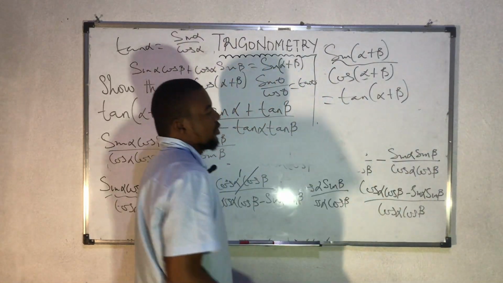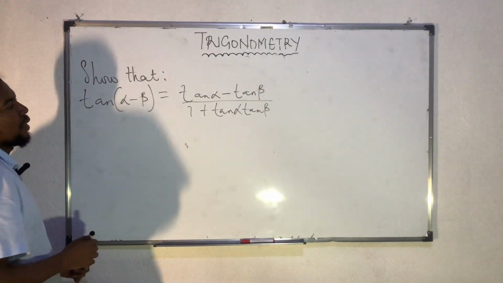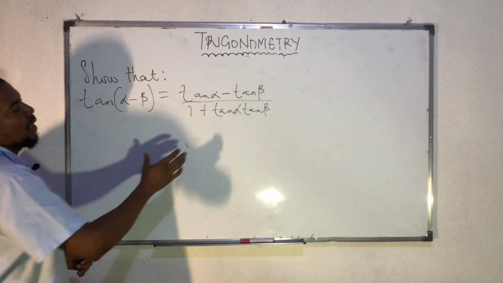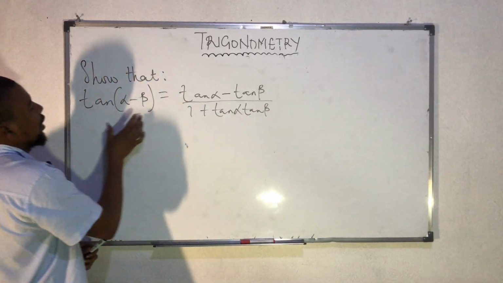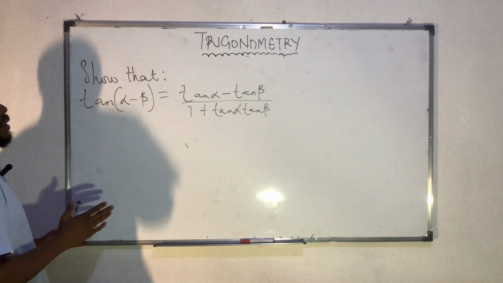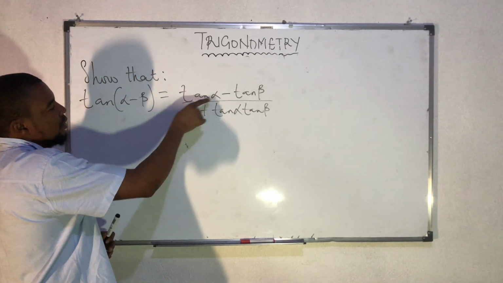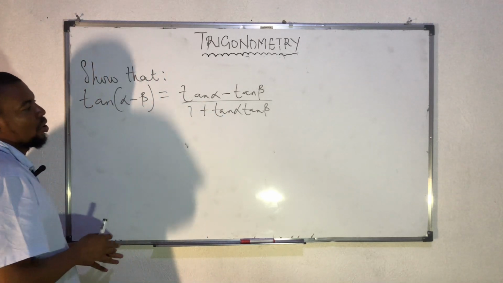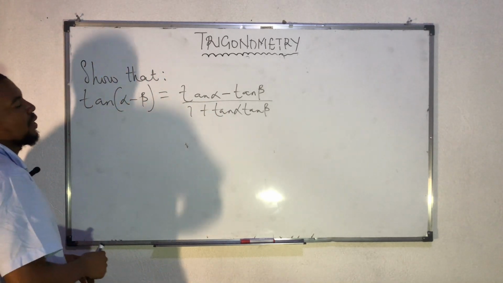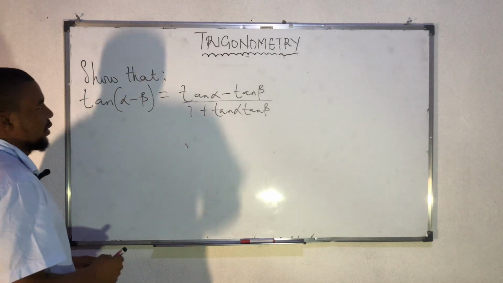Now let's go ahead and solve the second problem. Like we did for the first one, we're going to start from the more complicated part and end up on the easier part. And like I said earlier, we're going to convert this tan into sine and cos because it's easier to work with cosine and sine than with secant, cosecant, or tan.